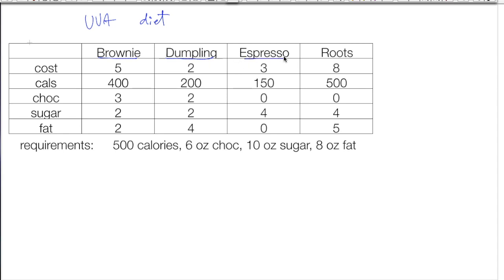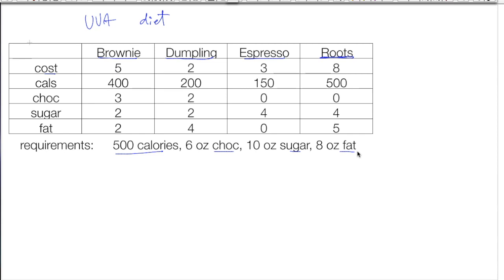And coffee, which I'll just simplify as espresso. And then, of course, Roots, which is really delicious. Each of these things costs a slightly different amount, and they have different calories. And the requirement for a UVA undergraduate is to make sure that you have enough calories, which let's just say is 500. You have chocolate, you have sugar, and you have fat. Those are the other really important ingredients in your diet.